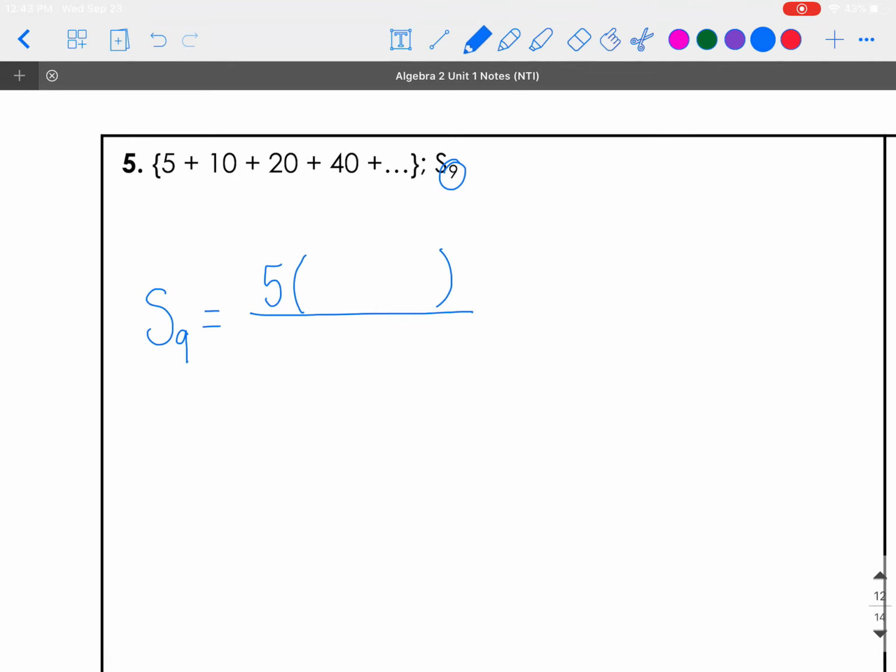Then I need my R. What are we multiplying by? 2. 5 times 2 is 10. 10 times 2 is 20. Then 9, my n goes up there. You have your formula to look back at. And then it's minus 1 and 2 to the 9th minus 1.